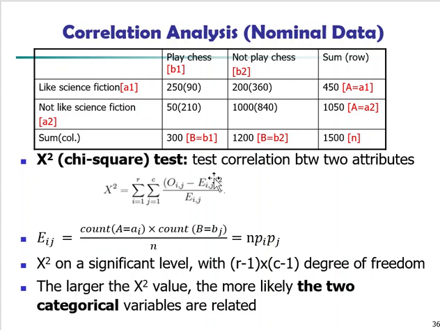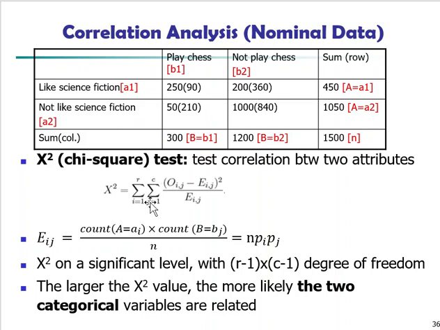Once we have the expected value computed for each data cell, we can use the chi-square statistic to test the correlation. The chi-square statistic is defined in the following way. R represents rows and C represents columns.